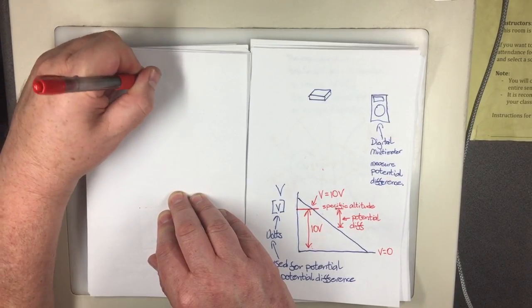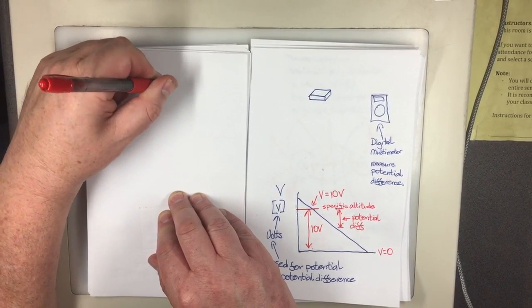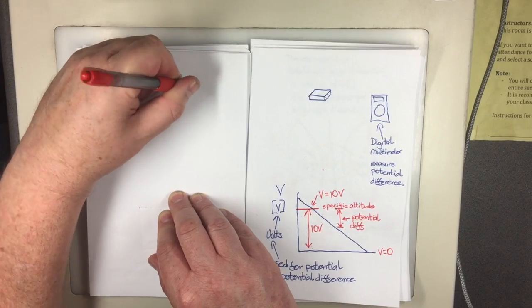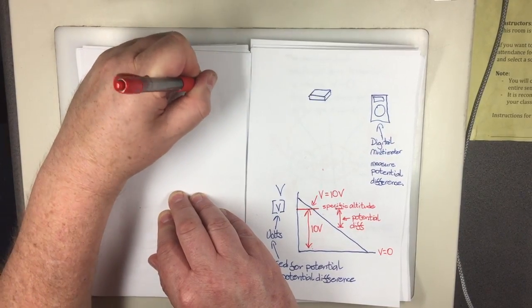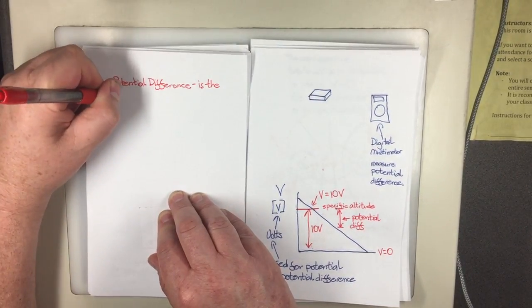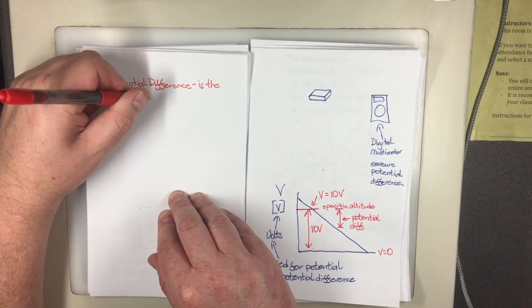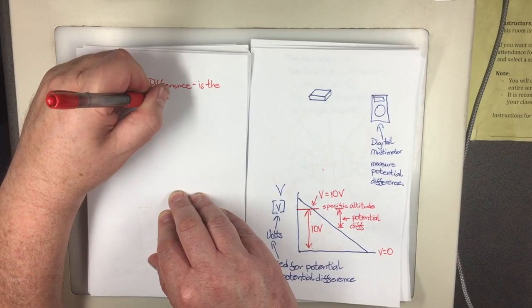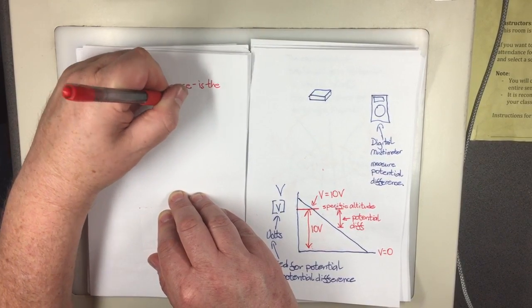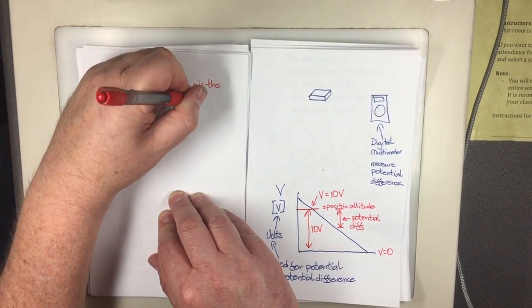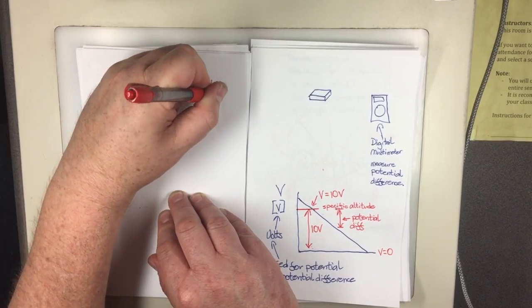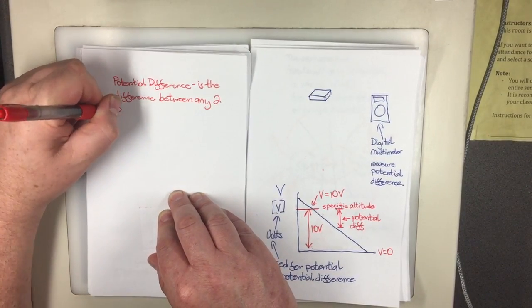The potential difference is the difference between any two potentials.